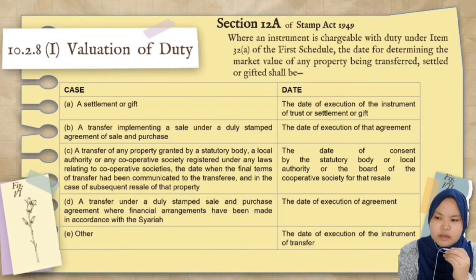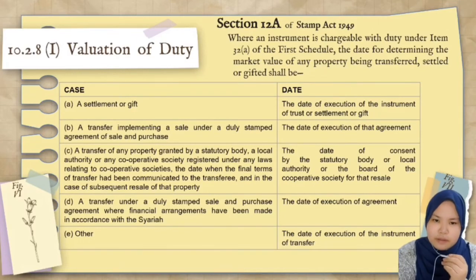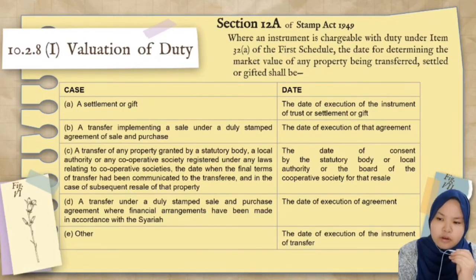The second case is about a transfer implementing a sale under a duly stamped agreement for sale and purchase. The date will be on the execution of the agreement. The third case is about a transfer of any property granted by a statutory body, a local authority, or any cooperative society registered under any law relating to cooperative societies.